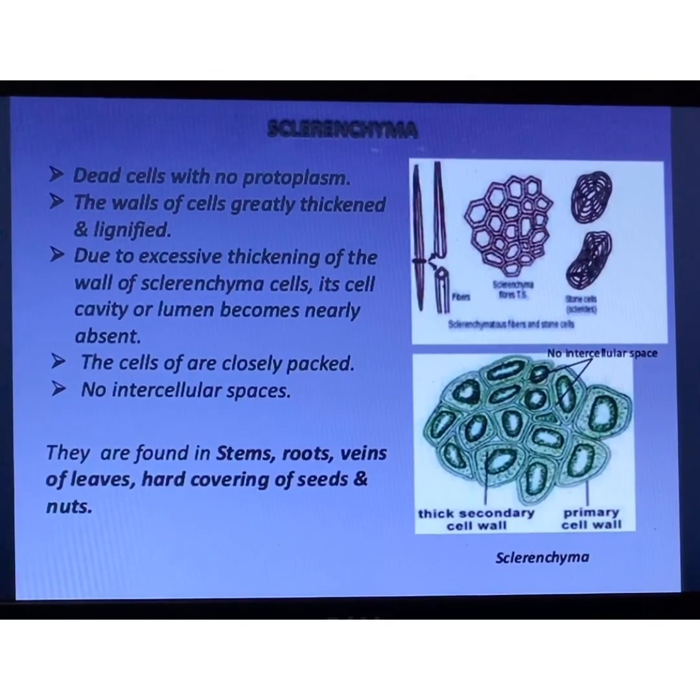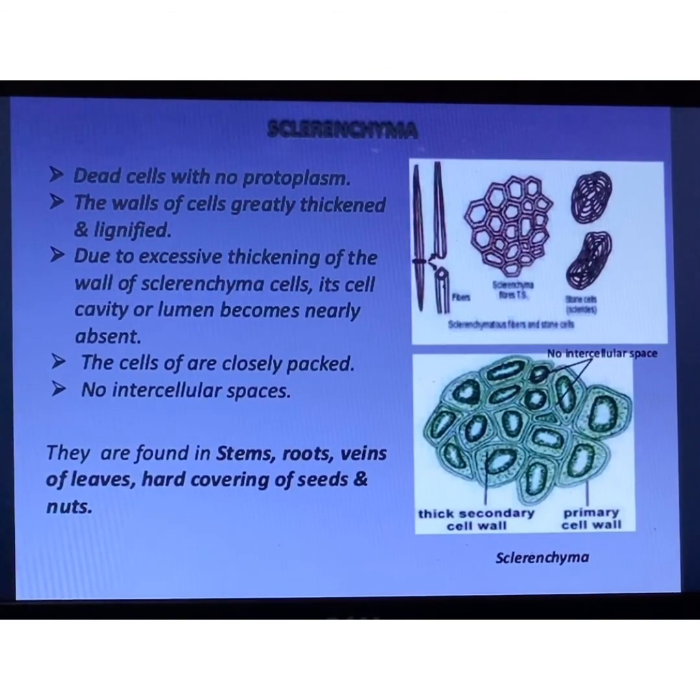As you go to higher classes, you will learn about this type of chemicals. For now, just understand that lignin is something very complex. These cells are tightly packed with hardly any intercellular spaces, or rather, they don't have intercellular spaces.